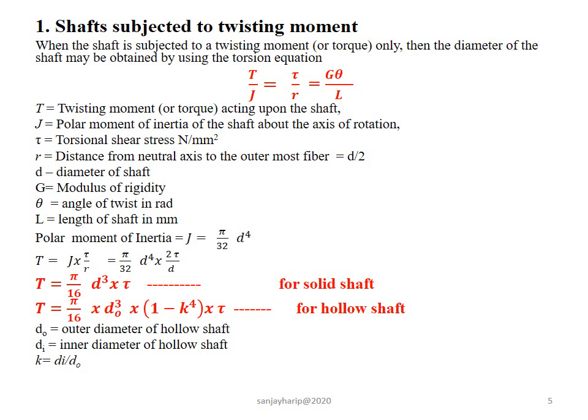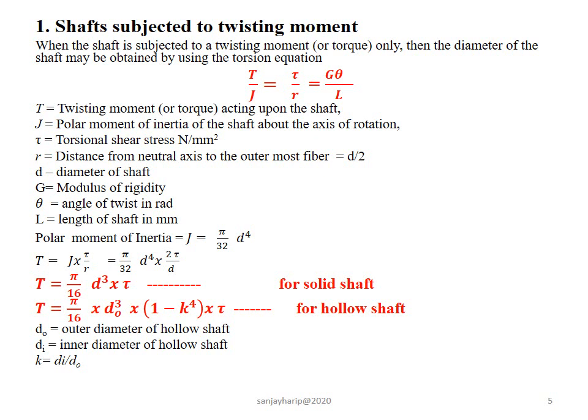Let us see the first condition, that is, shaft subjected to twisting moment. When the shaft is subjected to a twisting moment only, then the diameter of the shaft may be obtained by using the torsion equation, which we have studied in strength of materials.